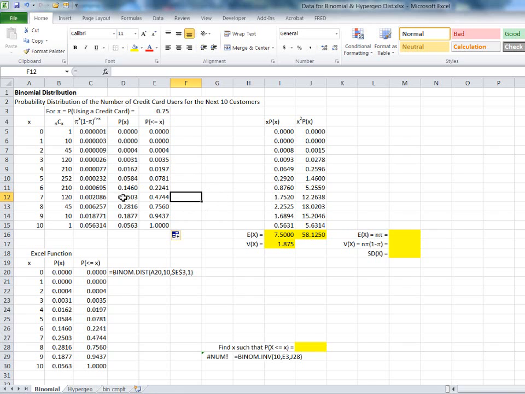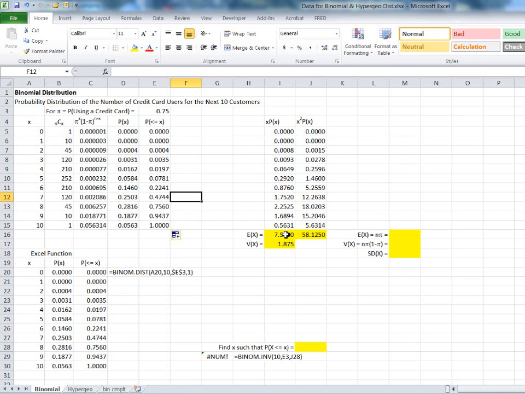From that probability distribution, we can find the expected value. I've already got it done here for you because we've already gone through how to do this, so I don't want to take up time for that. But you can see that if we take x times the probability of x for each of these values and sum them up, you get 7.5.